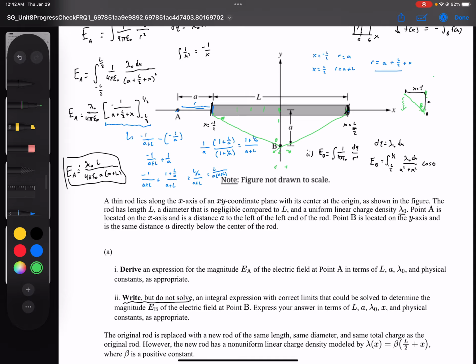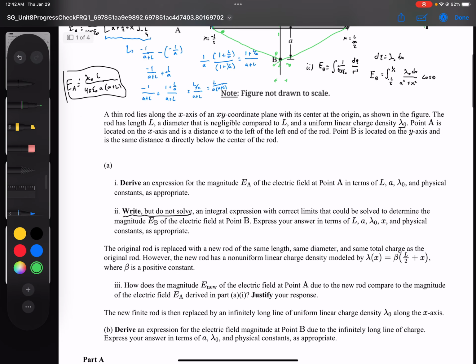So cosine theta, well, I know I can't integrate it with respect to theta. I have to write it in terms of x and physical constants. So for cosine of theta, the adjacent side is a, and the hypotenuse is going to be the square root of a squared plus x squared. Okay, so now I'm going to substitute that in.